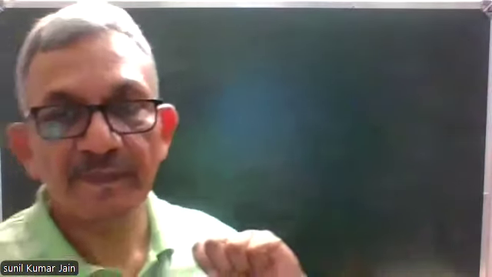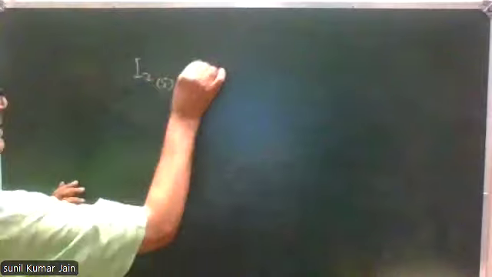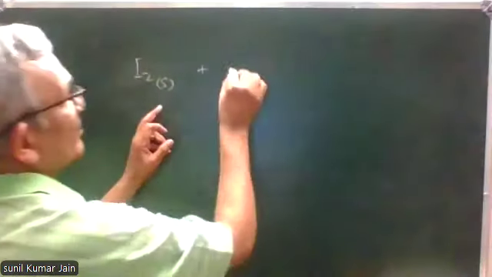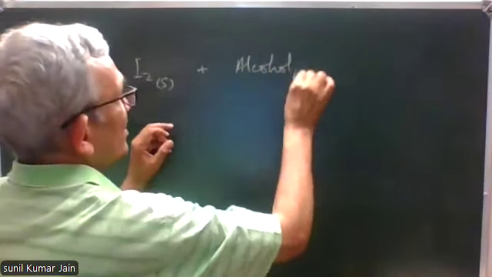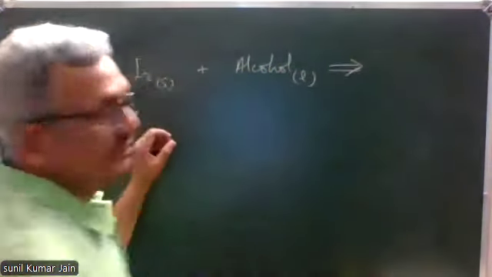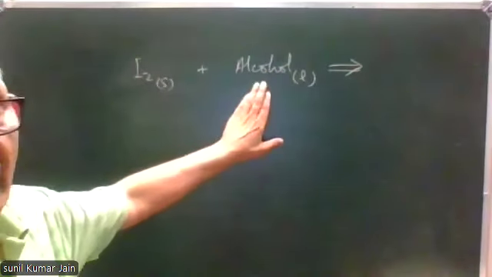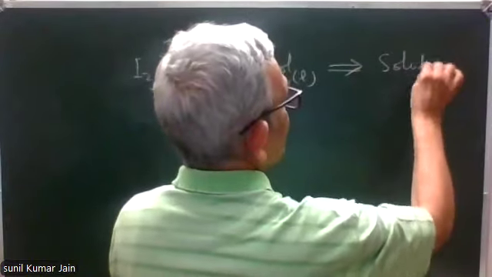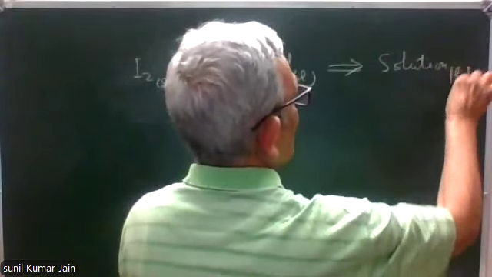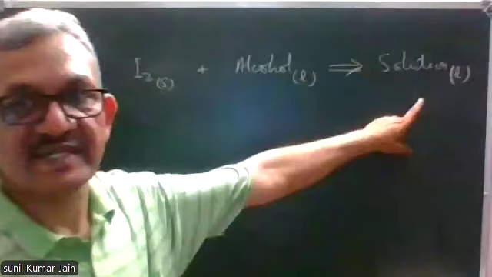For example, copy this example from the board. Iodine is solid, alcohol is liquid. When we mix these two, we get a solution, and this solution is in the liquid state.